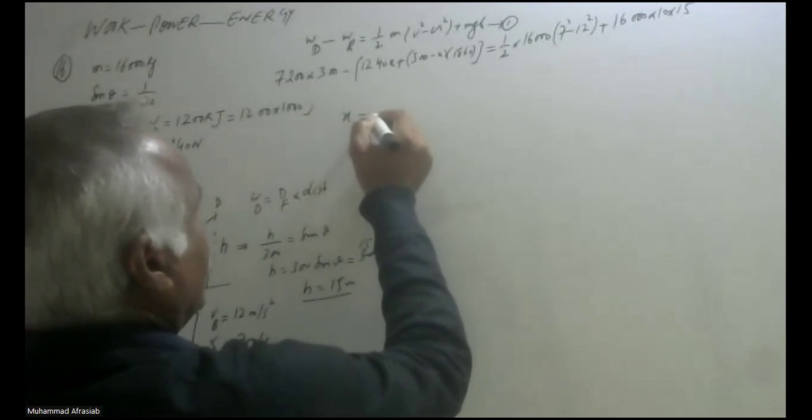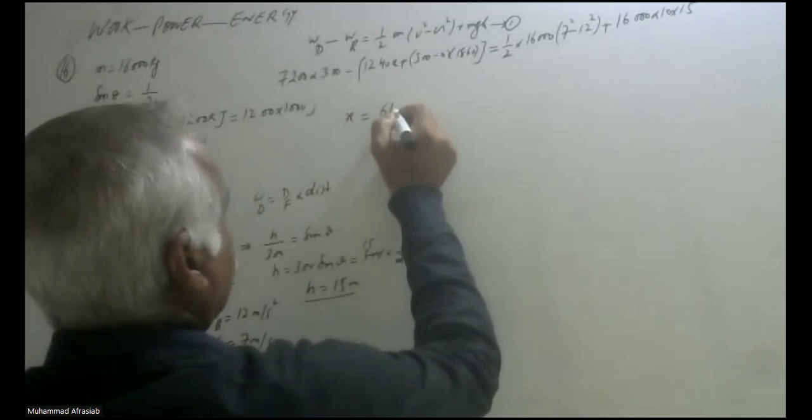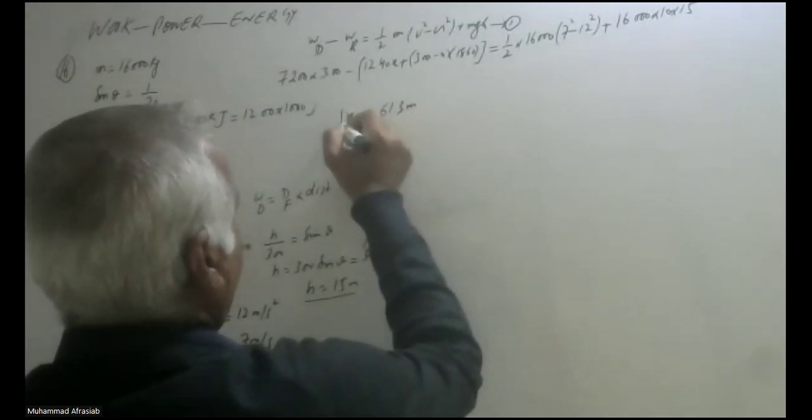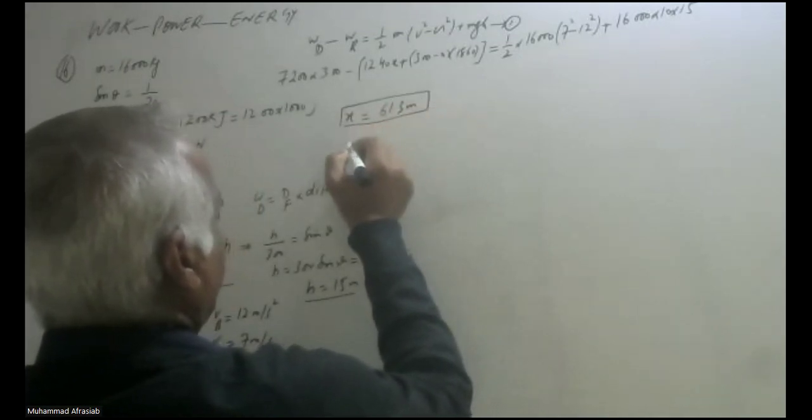After doing the calculation of this equation, we can find the value of x is equal to 61.3 meters, and this is the distance BC.